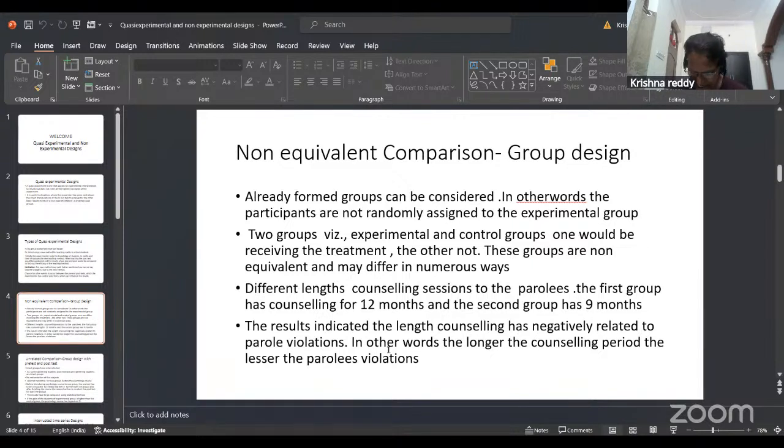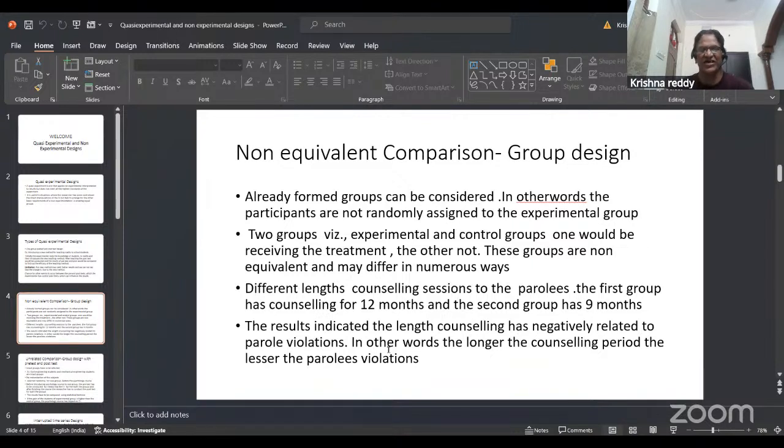With regard to literacy levels, they differ. These are the various differences, and that's the reason why they are not equivalent in many matters. We can call them non-equivalent groups.